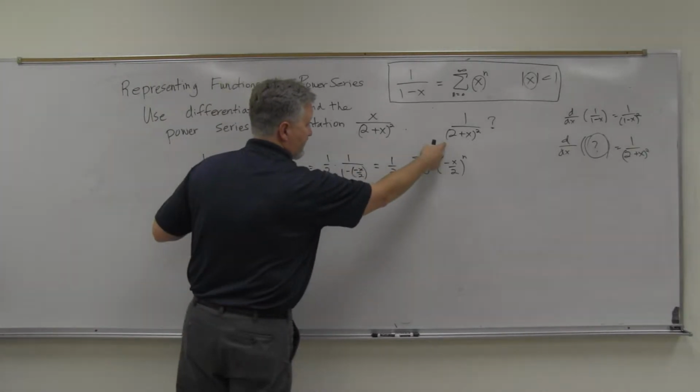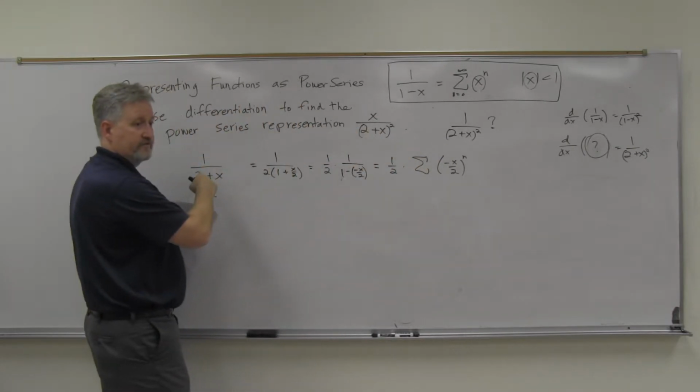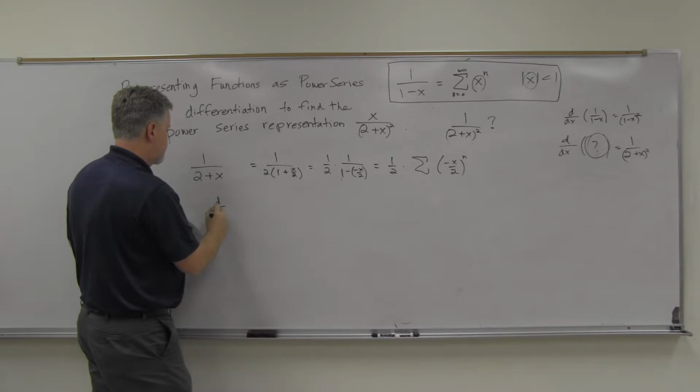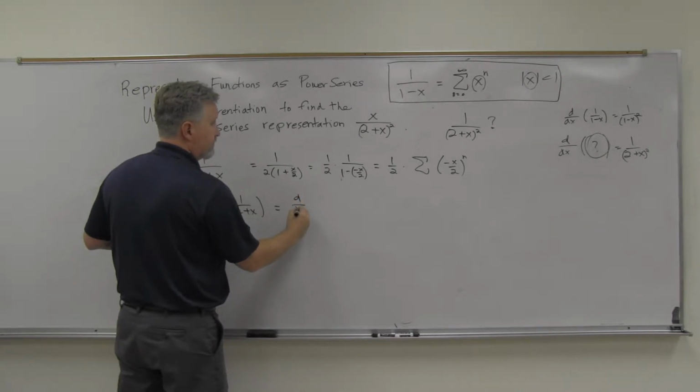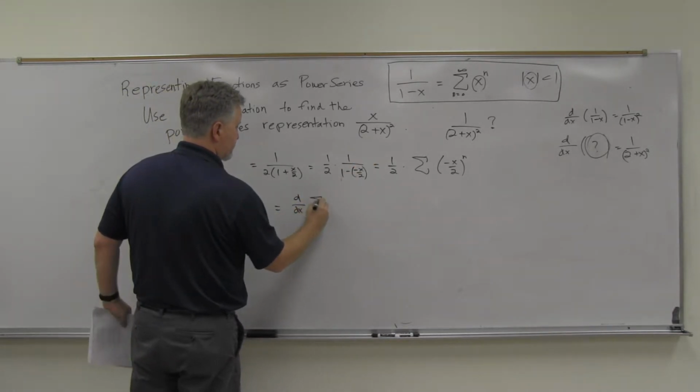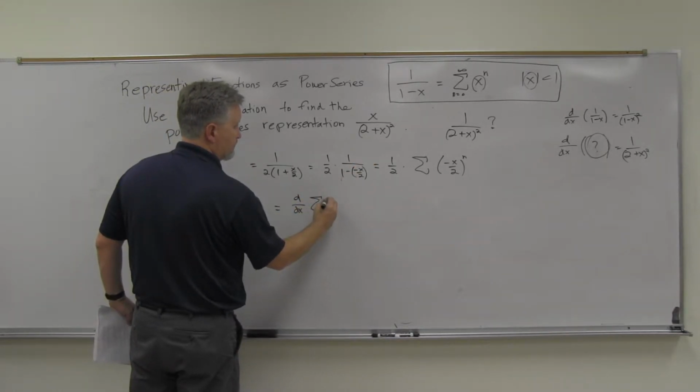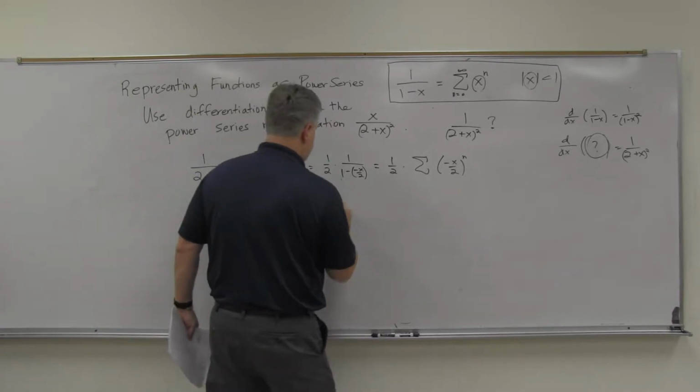But to get that, what do we need to do? Take the derivative. So let's take d/dx of 1 over 2 plus x, and then d/dx that. And let's write it.